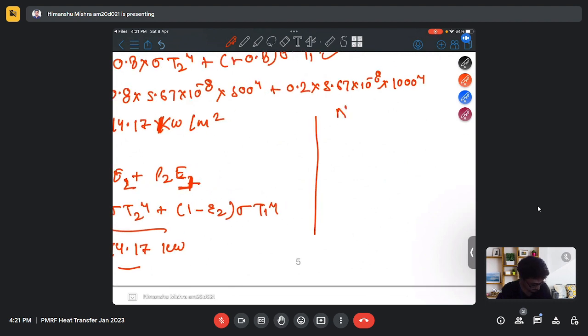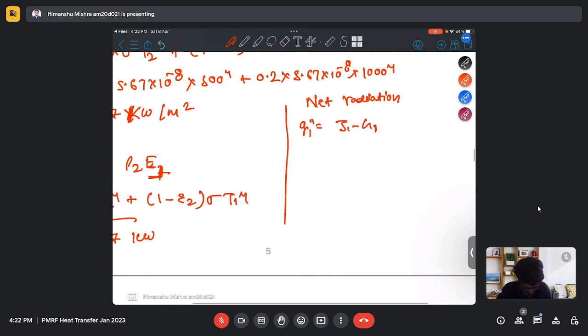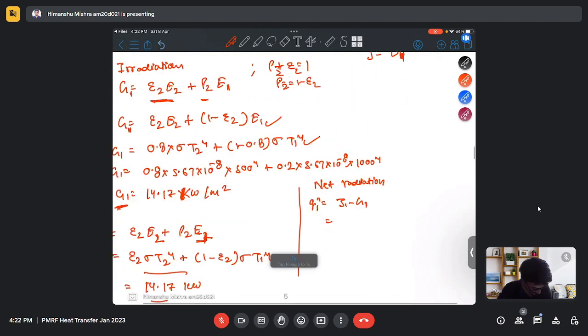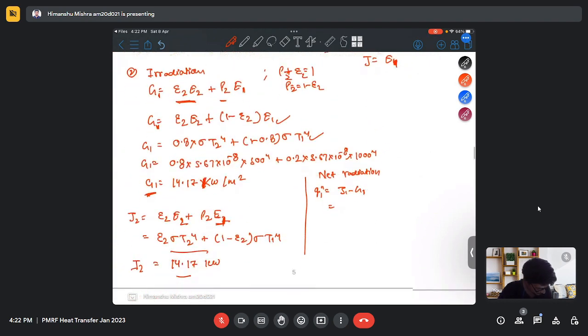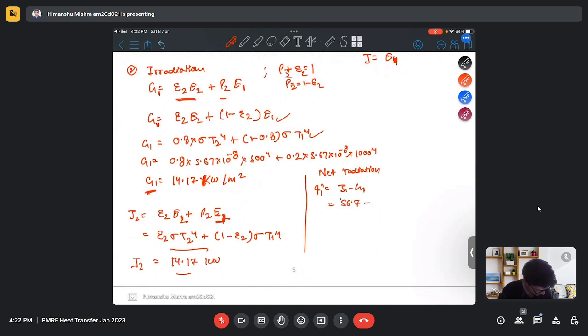And calculate the net radiation between two surfaces. My net radiation will be the difference between radiosity and irradiation at surface 1, which means the radiosity at surface 1 was 56.7 and my irradiation was 14.17, which means my net radiation is 42.5 kilowatt.